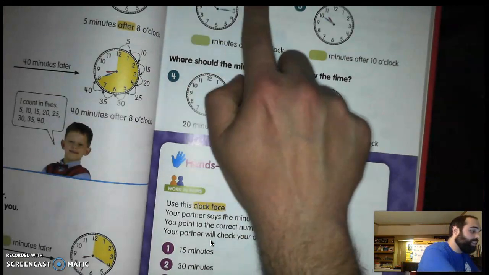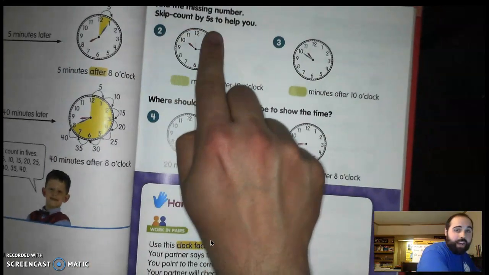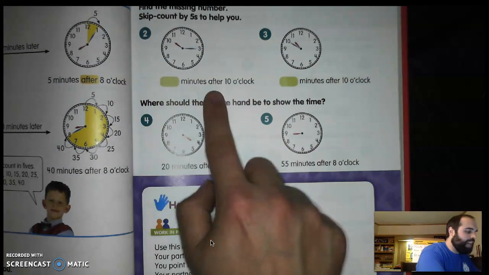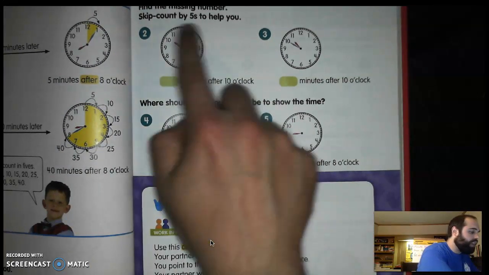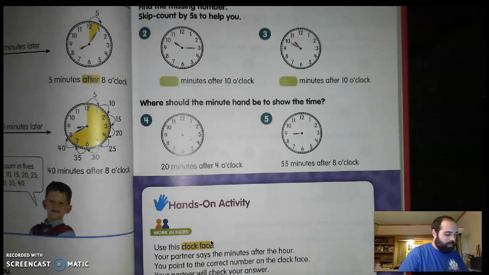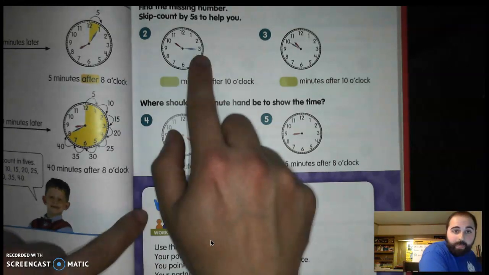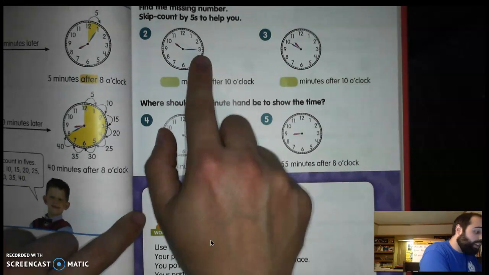Let's find the missing number. Skip count by 5s to help you. Okay. Now we want to know how many minutes after 10 o'clock. So now we have a new clock. It's not showing us the before clock at 10 o'clock. So let's see where the minute hand is. All right. Well, looks like the minute hand's over here at the 3. If it was 10 o'clock, that minute hand would be up at the 12.